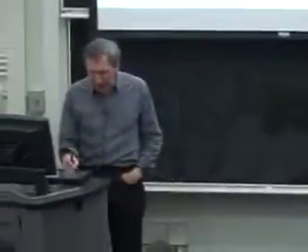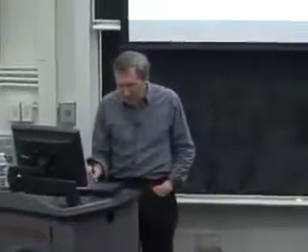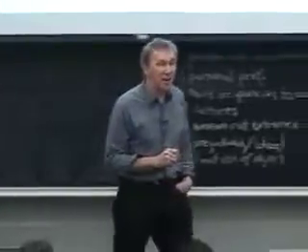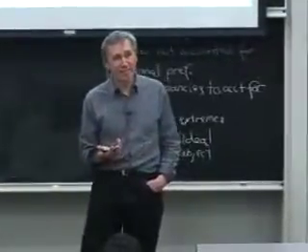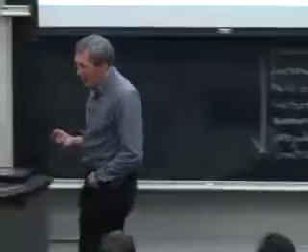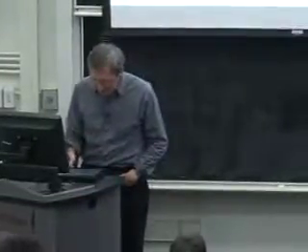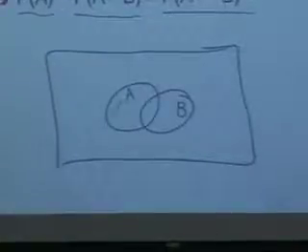Here's another one. The probability of A is the sum of the probability of A and B and the probability of A and not B. Again, we could write that as a theorem, but it's kind of obvious if you think of our Venn diagram again.